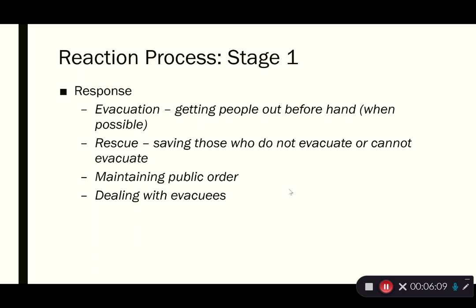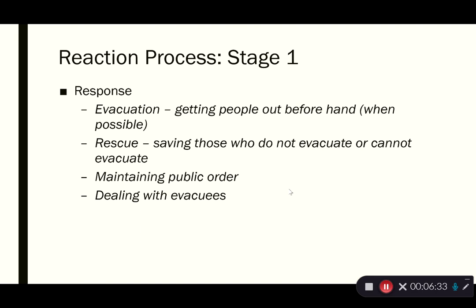But that's the first level, getting people out of harm's way. And then as soon as possible after the disaster hits, moving into the affected areas, rescuing people in need of rescue, people that may be trapped in their homes or didn't evacuate when they were supposed to, or those who cannot evacuate, as we saw in Katrina back in 2005.